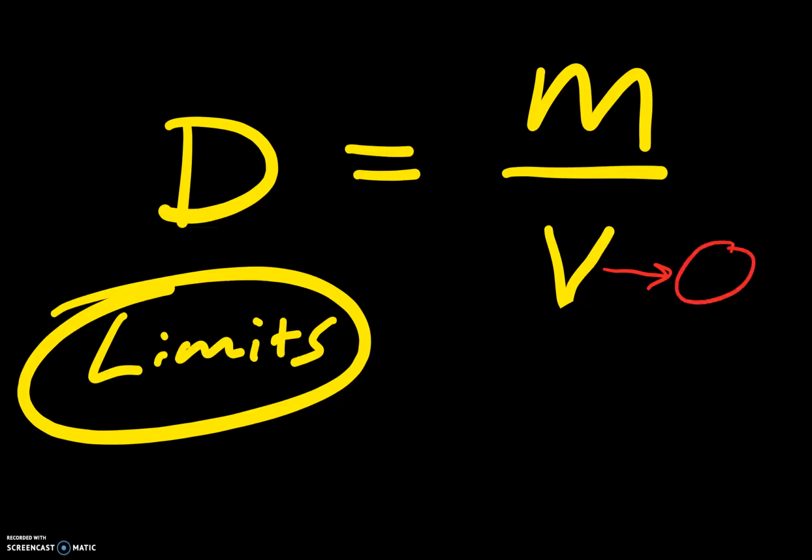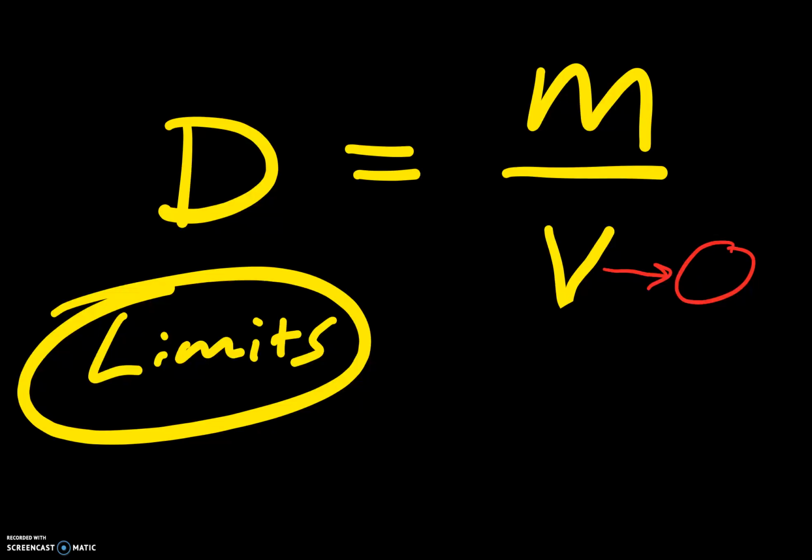So we can write it like this and say that our volume is approaching 0. And so the best way to look at this is thinking about a number that is very close to 0. So that would be like 0.00001, just infinite zeros and then a 1 at the end. The more zeros you add in between that decimal and that 1, the closer you are to 0.